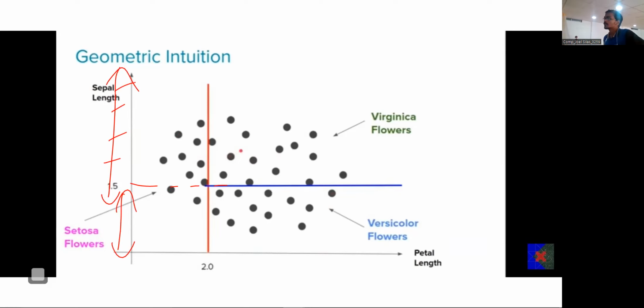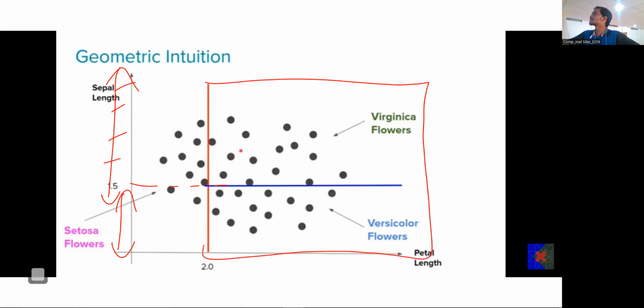Now, suppose we are confidently saying that our petal length is greater than 2. If petal length is greater than 2, we'll only focus on this particular region. And in this region, we want to find what is the class of the flower. So in this particular region, if we consider sepal length as greater than 1.5, then it is this particular rectangle.